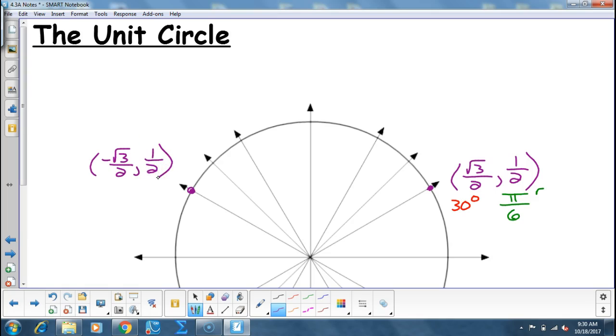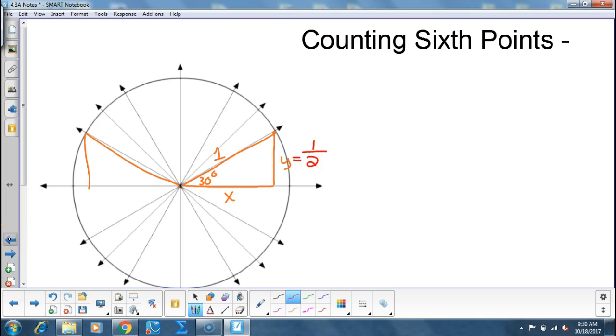Degree-wise, what degree am I at? Not 120, nope. Because my 30-degree angle is now here. That's my 30-degree angle. So if this was 180 out here, what's this up here? 150.